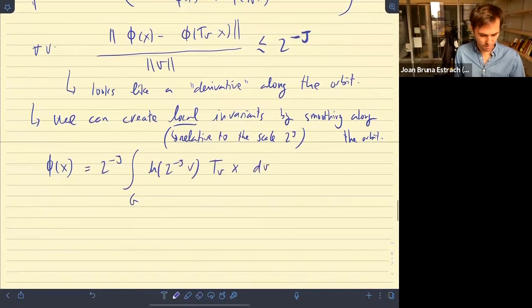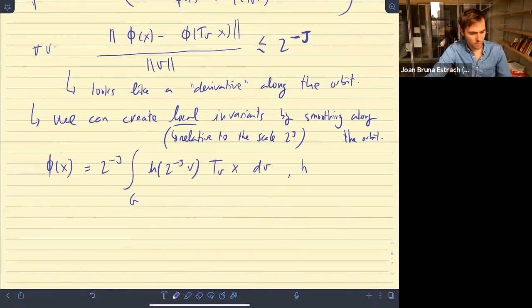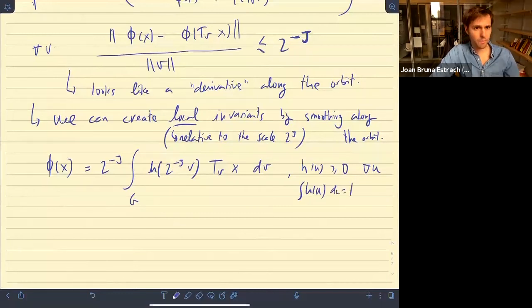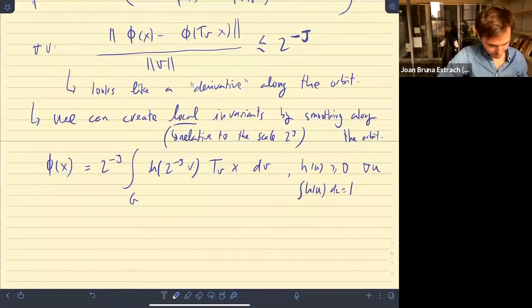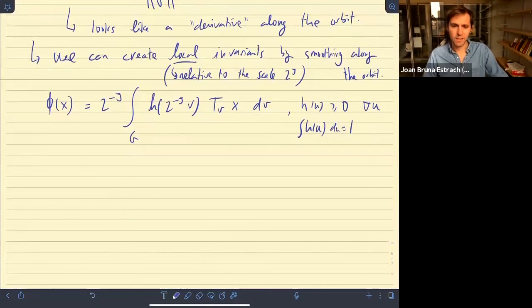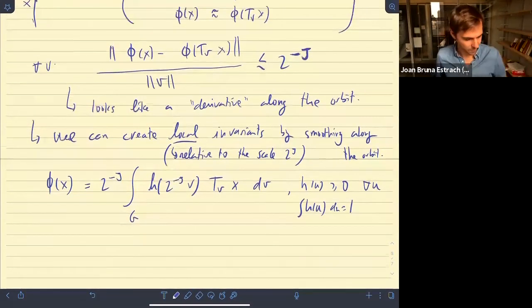And here H can be any positive window, like a kind of weighted window. So basically, the only thing I'm saying really is that I'm just doing a weighted average along the orbit of the group.